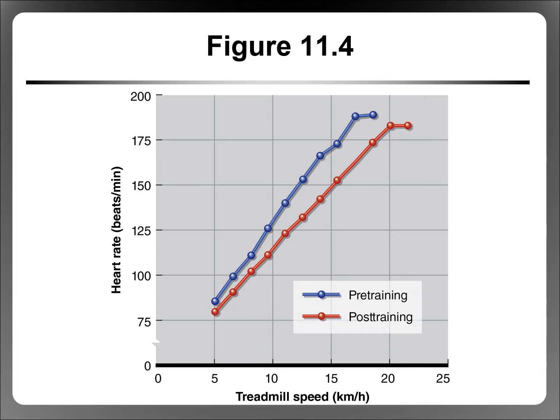But you can see that at each of the given treadmill speeds, for example, if you look at 10 kilometers per hour, specifically in this region, the heart rate before training was about 125 beats per minute, and after training is probably somewhere around 105 to 110 beats per minute. In terms of longevity and performance, that's going to make a big difference, especially when we're talking about substrate utilization.